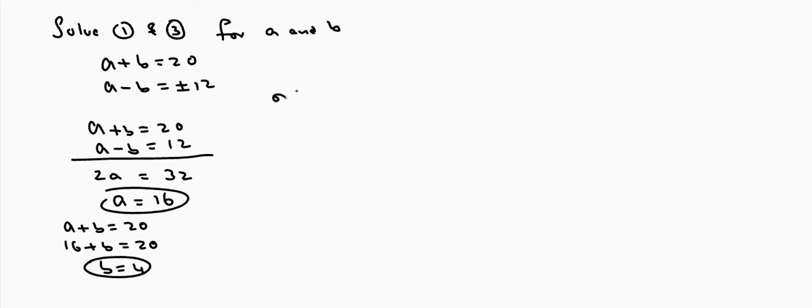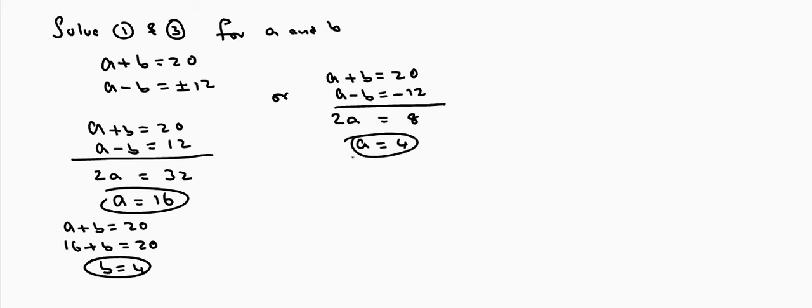Or you take a plus b is equal to 20 and a minus b is equal to minus 12. So you add, we get 2a equals 8, a equals 4. When a is equal to 4, in a plus b equal to 20, we get 4 plus b equal to 20. That means b equal to 16.